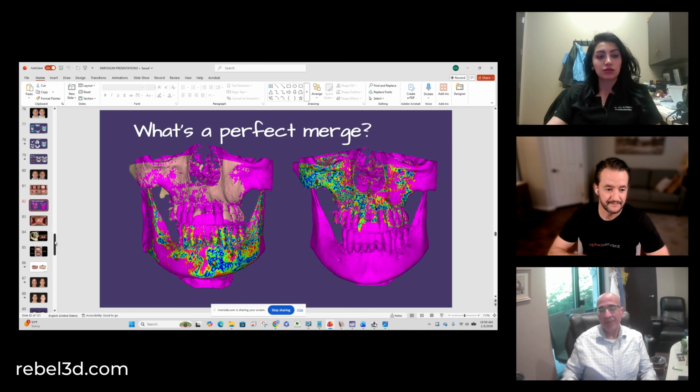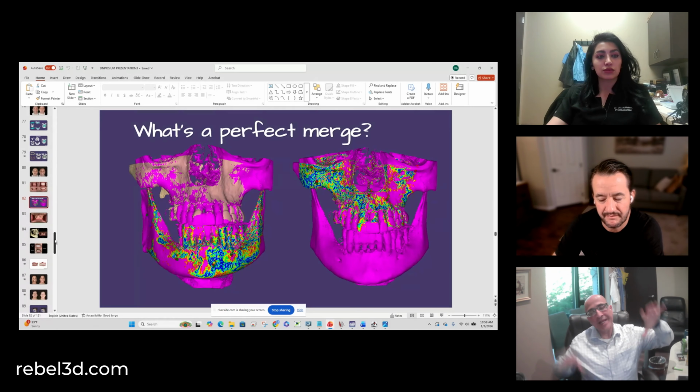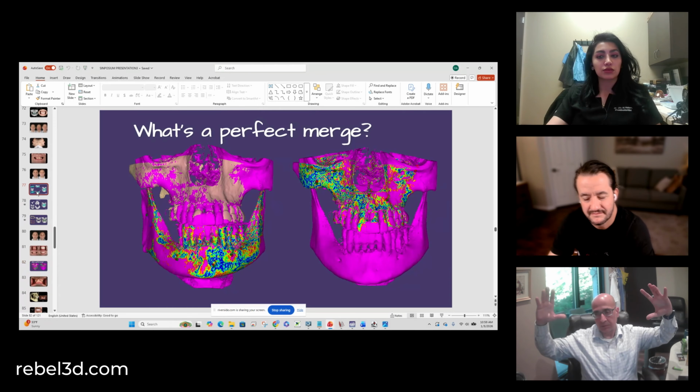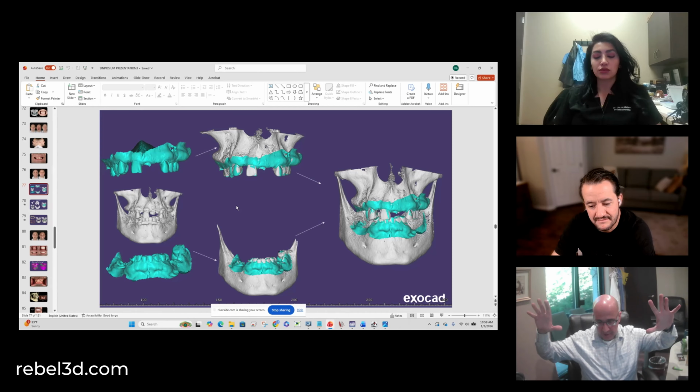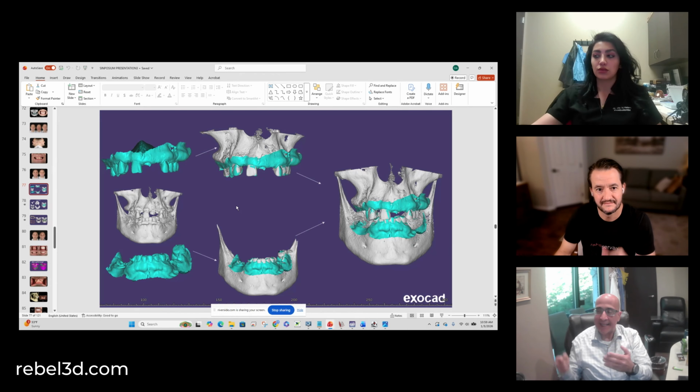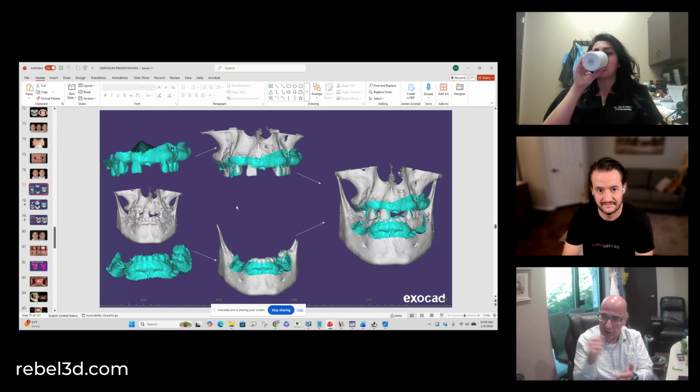Because look at it. The CT scan reads the whole skull, in one picture, kind of. Intraoral scan is stitching too many pictures together across the arch.